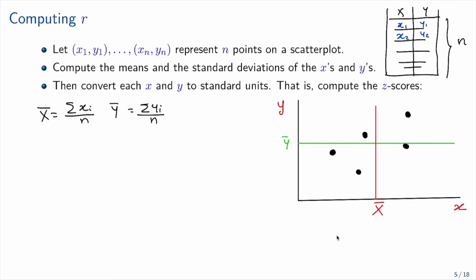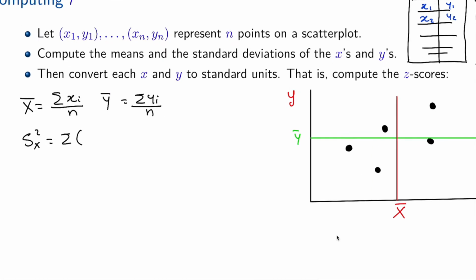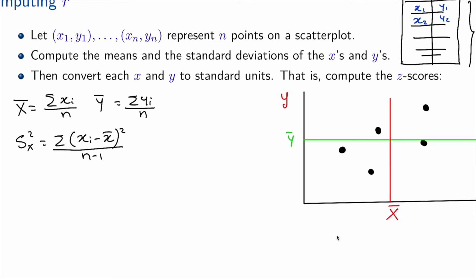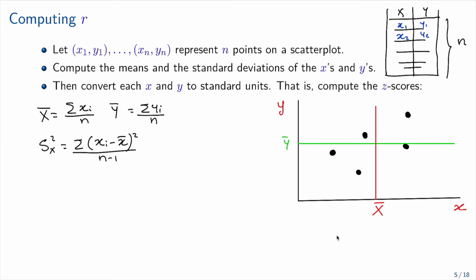Now we need the standard deviation. So remember the standard deviation for x will be given by the sum of the distance of every single point with respect to the mean, squared, and divided by n minus 1, because we want this to be unbiased.